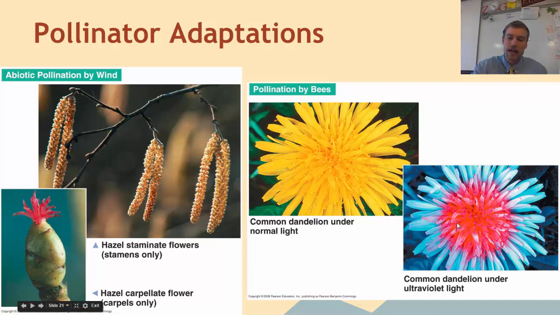Notice that under UV light, there's kind of a circle area around where all of the anthers are, which is good because that's going to help draw in the bees. Bees are able to detect ultraviolet light, which we are not. So you draw them in, and they are able to pick up a lot of pollen and then transfer it to other flowers, and hopefully they're coming into contact with the carpel and helping to fertilize.